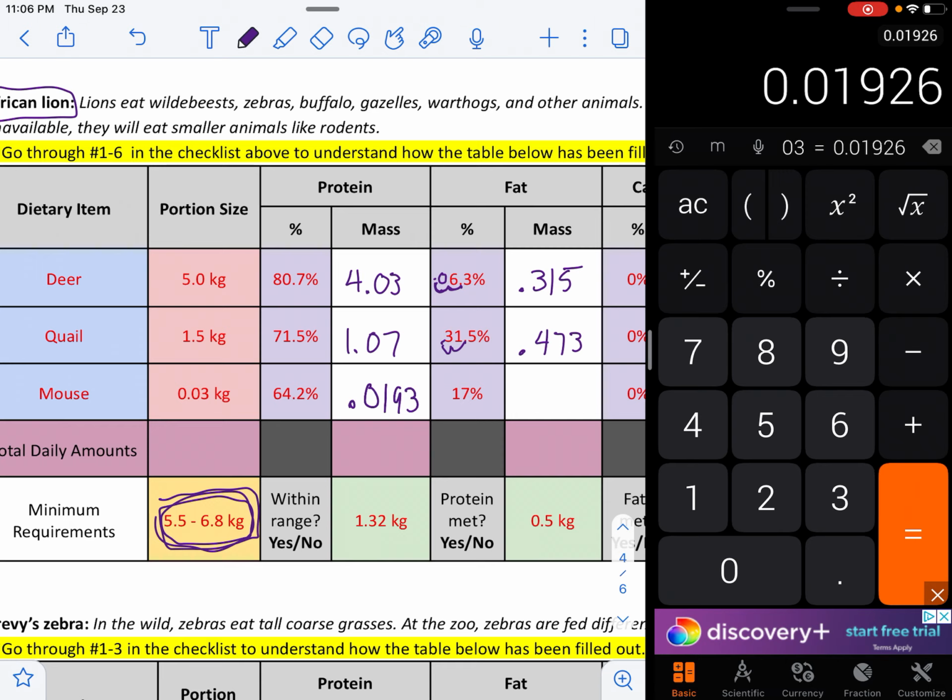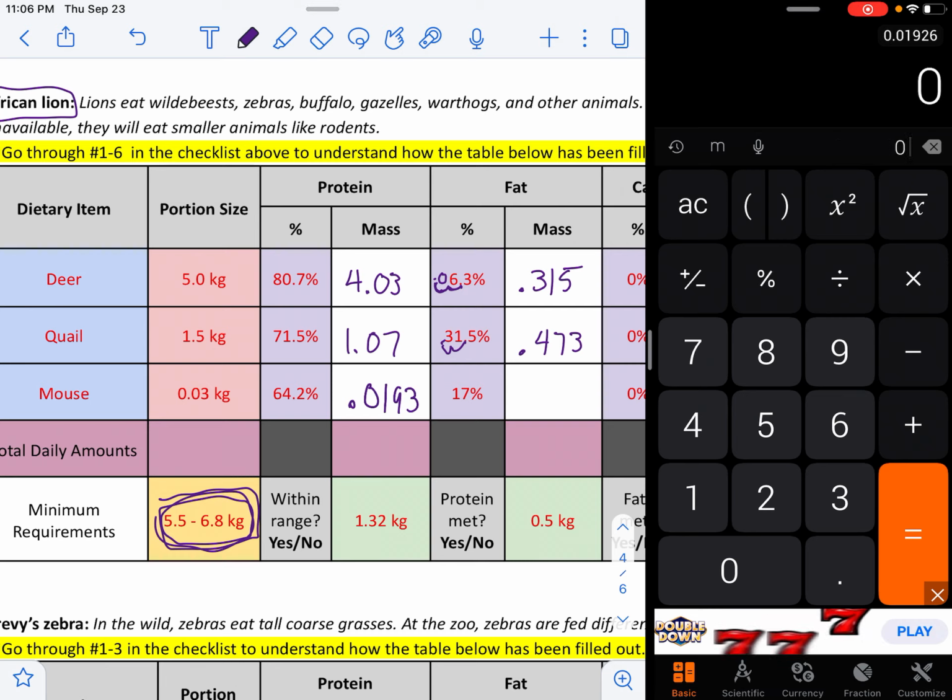So that's my mass of protein from the mouse portion. 17% is fat. So 17% becomes 0.17, and I multiply that by the portion size, 0.03, and I get 0.0051.